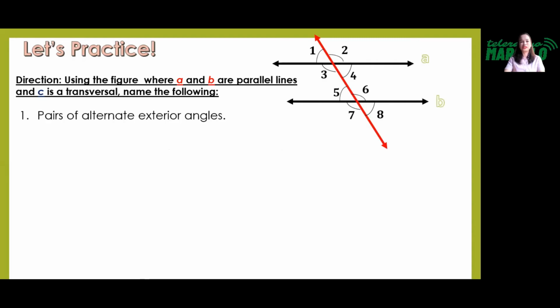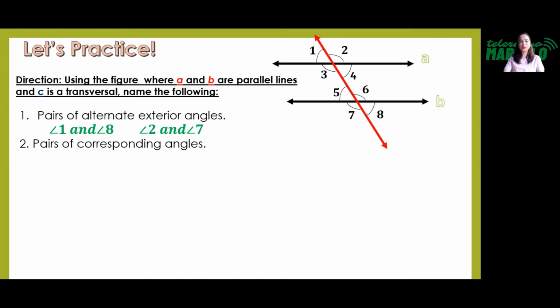Okay, so for the first statement, what are the pairs of alternate exterior angles from the figure? Okay, so if your answer is angle 1 and angle 8, angle 2 and angle 7, then you are correct.